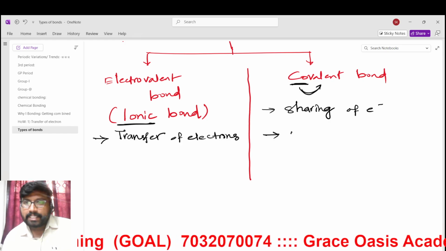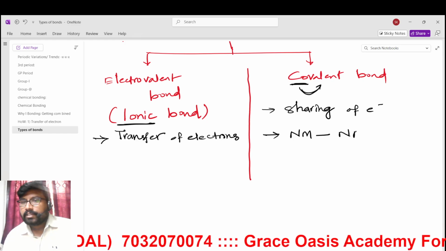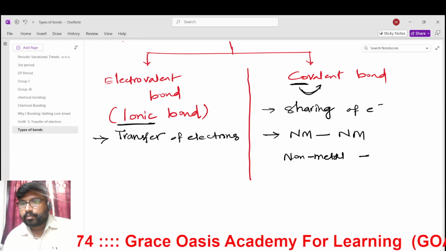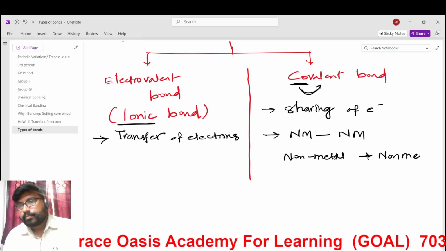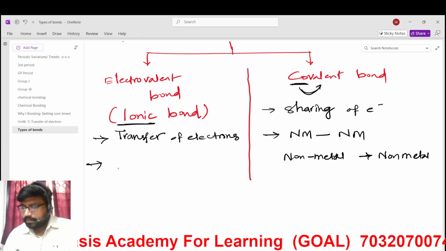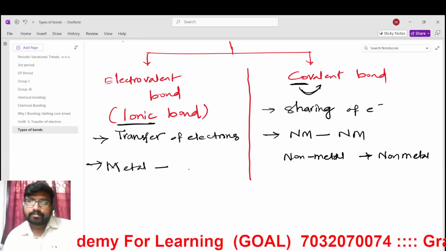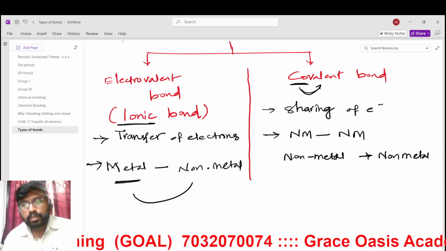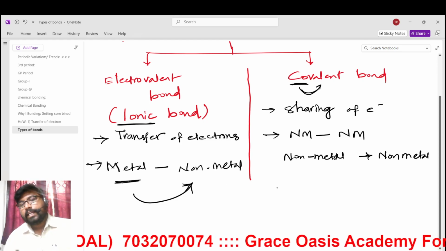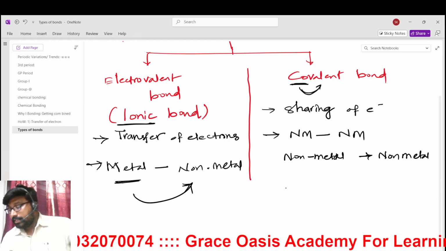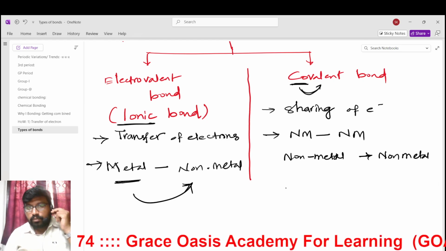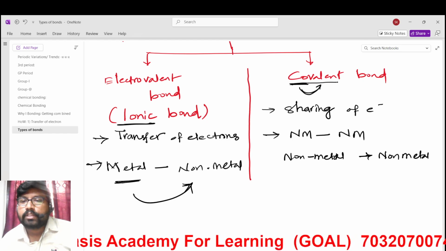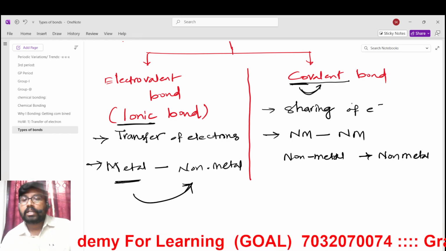Mostly it happens between non-metal and non-metal. Transfer of electrons happens from metal to non-metal, because metals are always ready to donate their electrons. With the word covalent, co helps us understand they are sharing.